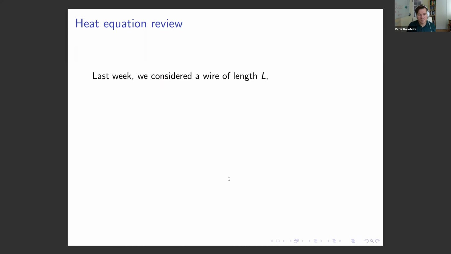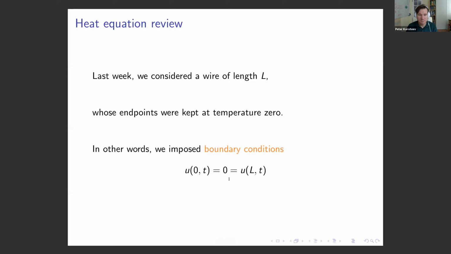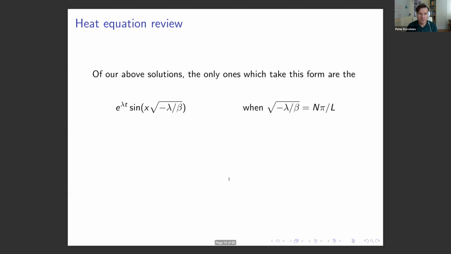Previously we considered a wire of length L, whose endpoints were kept at temperature 0. So we had boundary conditions u(0,t) = u(L,t) = 0. And of our above equations, the only one which fits is the following.